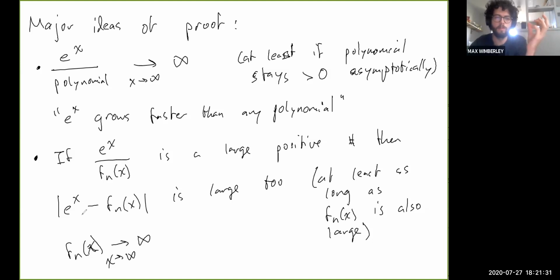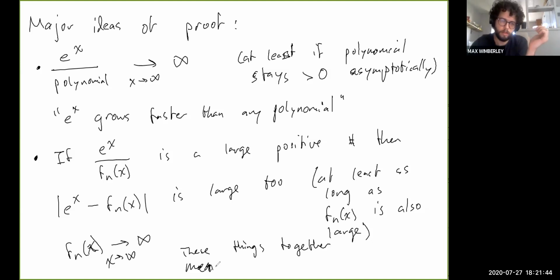So the whole point is that these things together mean that fn cannot stay uniformly close to e to the x.